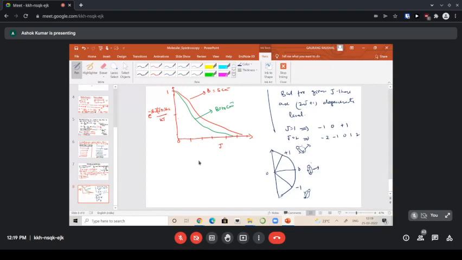Similarly, if you draw the different directions for J equal to 2, this is 0, it will be plus 2, plus 1, and minus 1 and minus 2. Similarly, J equal to 3 can be like this.